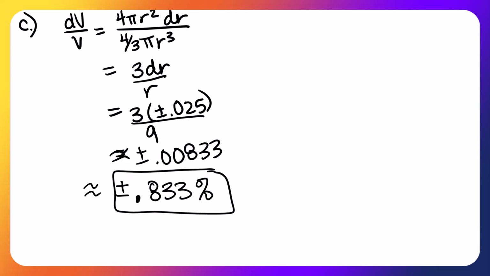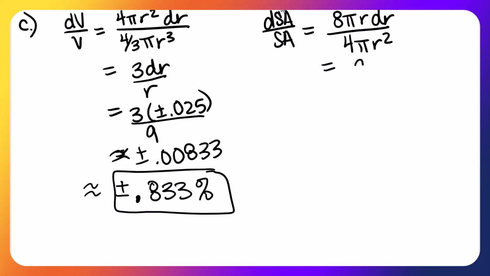So as far as a percent, move my decimal place over a couple spots, that's going to be about 0.833%. All right, so then doing the same thing for surface area, we would have surface area in the bottom. So this would give me formula-wise 8 pi r dr over our 4 pi r squared. So that would simplify then to 2 dr over r.